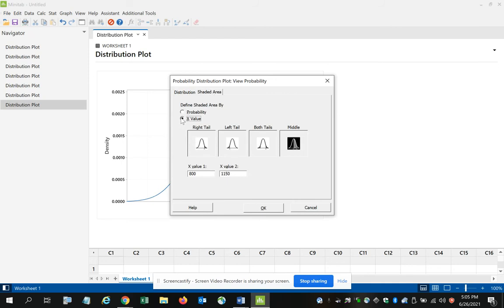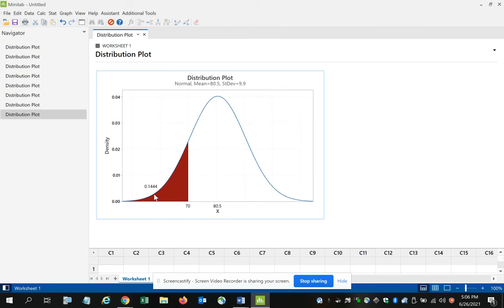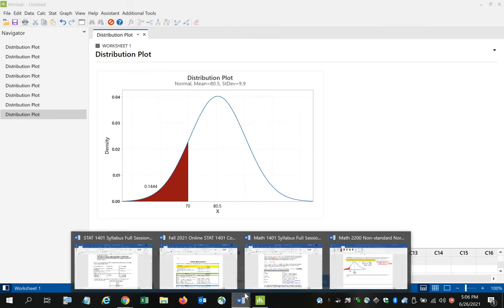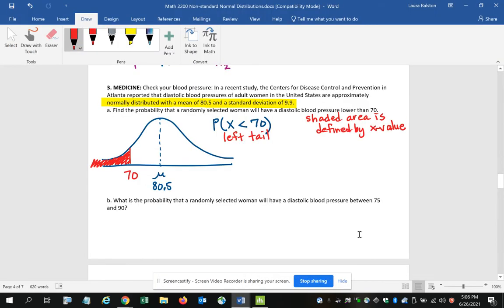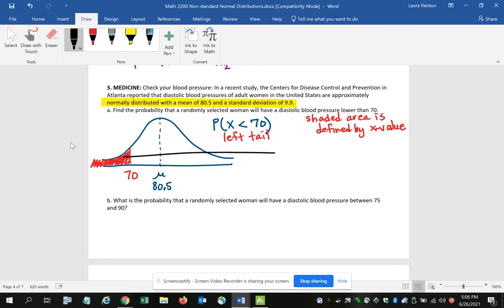Shaded area defined by the X value. It's a left tail and it's 70. Click OK. I get 0.1444. So my red shaded region here is 0.1444. There's the answer.